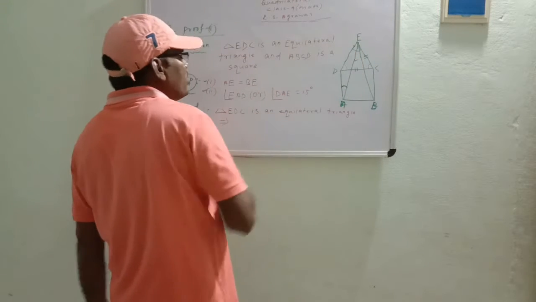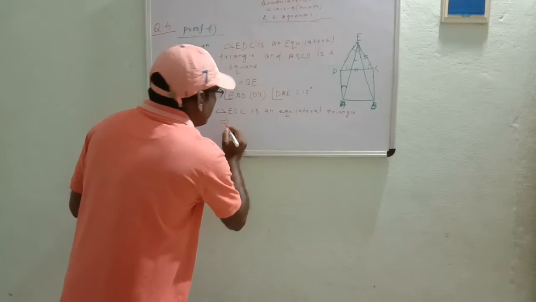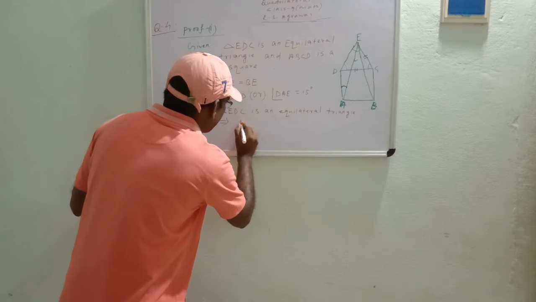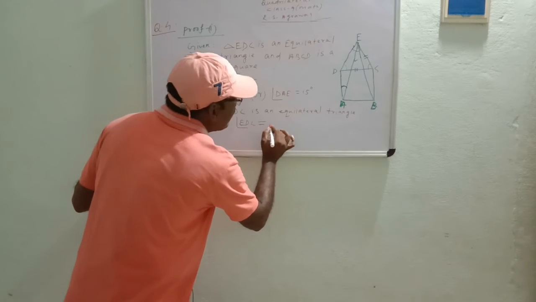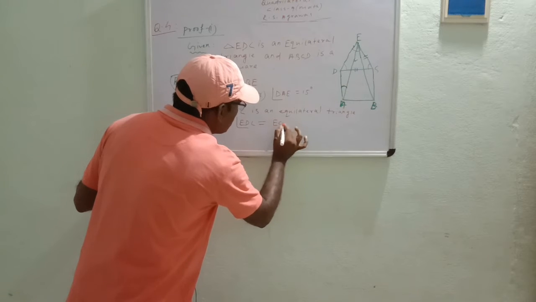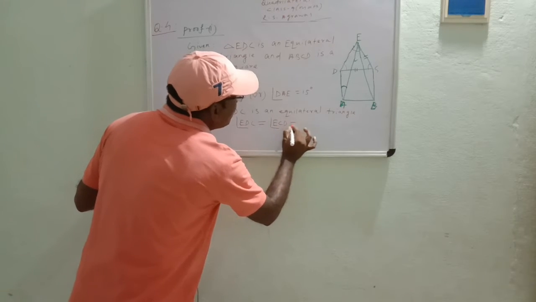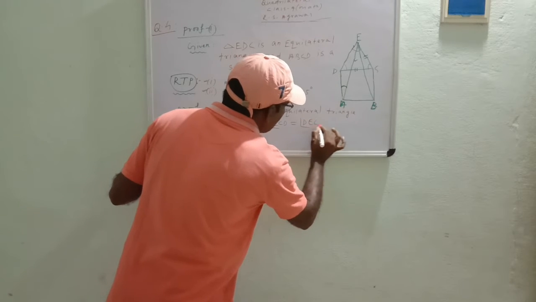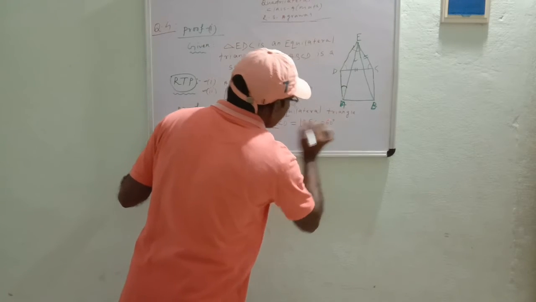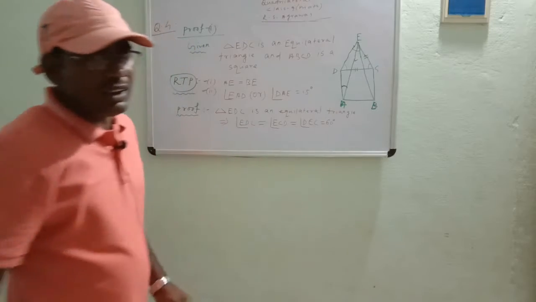So all the angles will be 60. That implies angle EDC equals angle ECD equals angle DEC equals 60 degrees, because it is an equilateral triangle.